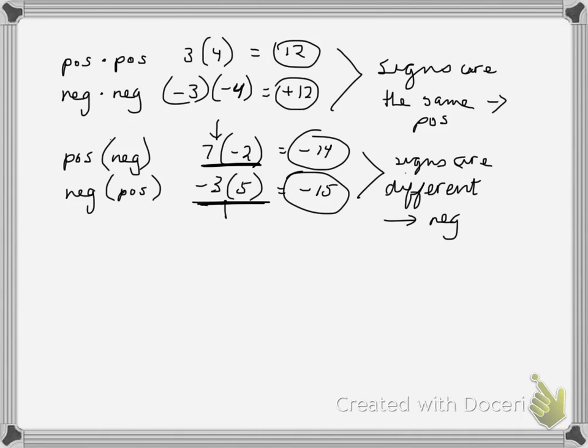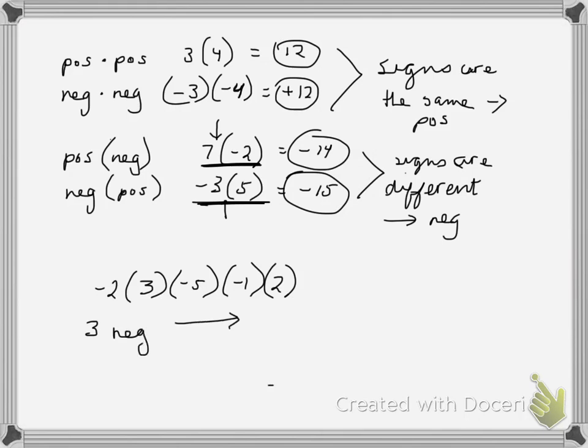And that is almost all there is to it. Now, what if I had several things being multiplied together? Like, let's say, negative 2 times 3 times negative 5 times negative 1 times 2. Notice what I have is 3 negatives. I only have to count the negatives, not the positives. If there is an odd number of negatives, every 2 of them would pair to a positive, so an odd number of negatives would make a negative answer.